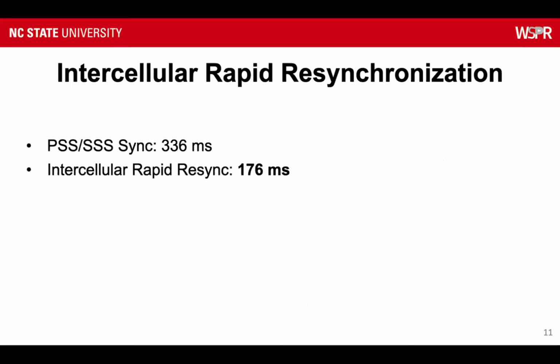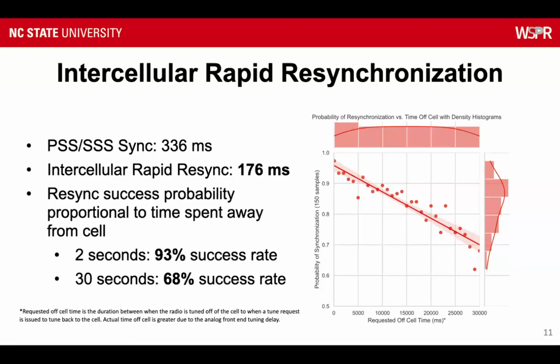So we quantified how well our system works depending upon the amount of time we spend away from the cell. If the sense of time on the network and the sense of time at our system drift at all, if there's any sort of clock drift, that destabilizes our system and will cause a synchronization error to occur.